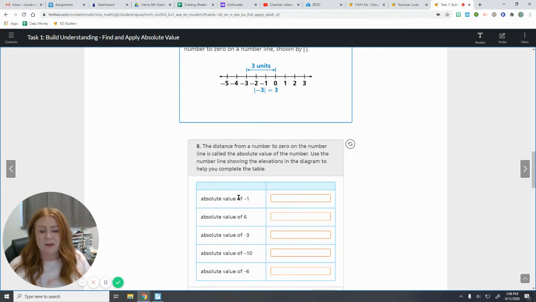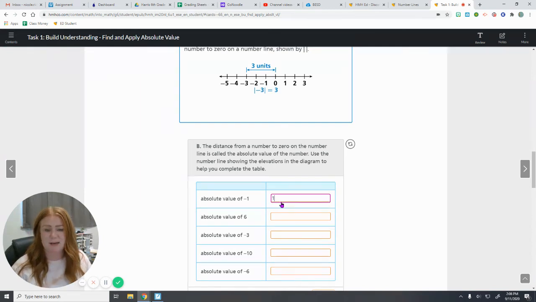So the absolute value of -1. So if we're here at -1, how many times do we have to move to get to 0? That would just be 1 unit. So here, I just type in 1. To get from the lifeguard, who was 6, all the way over would be 1, 2, 3, 4, 5, 6 units.